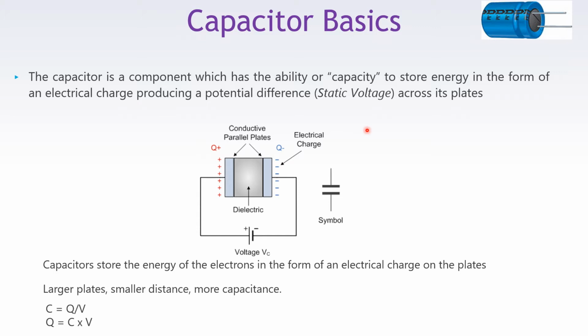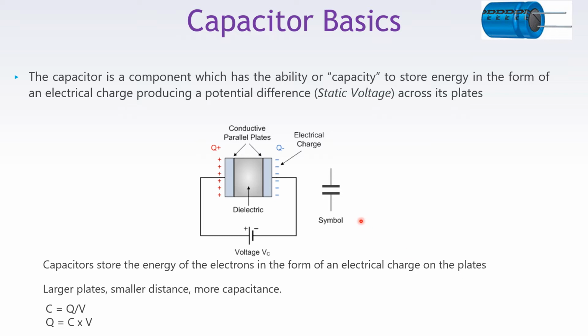So these plates are parallel and they are separated by dielectric material, and it shows property that one metallic plate will have positive charges and the other one will have negative charges when it is subjected to external voltage, and it maintains that electrostatic force or that energy across those plates, and that's why capacitor is called as energy storage device. Capacitor stores the energy of the electrons in the form of electric charge on the plate.